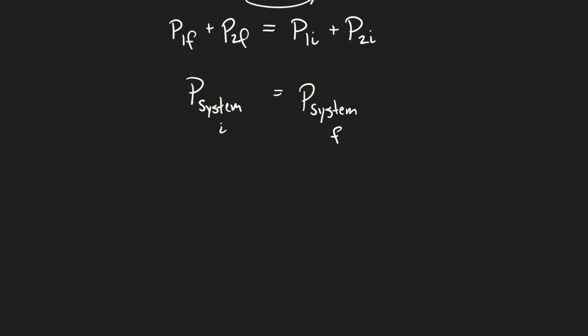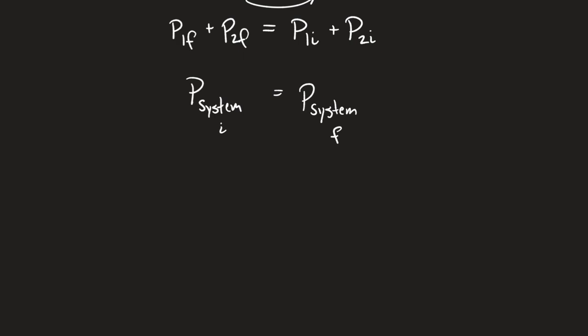Now, the way I'm supposed to say that is that the momentum of any isolated system stays constant. If the entire system is experiencing an unbalanced force, then you can be changing the momentum of the system. But if you have an isolated system, individual objects can change momentum, but the net momentum of the system stays the same.